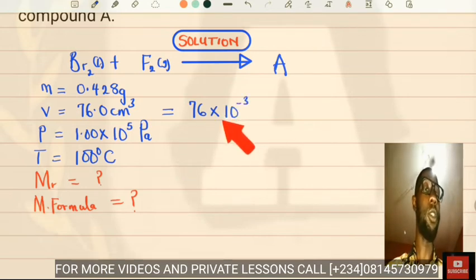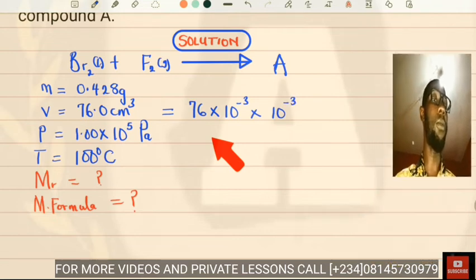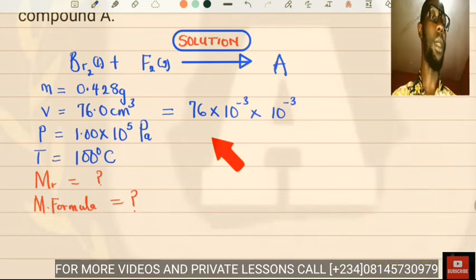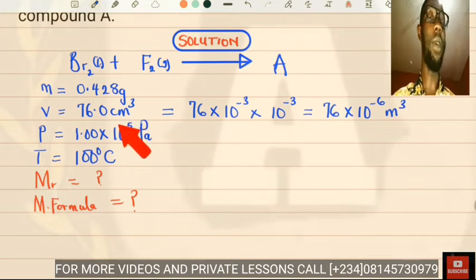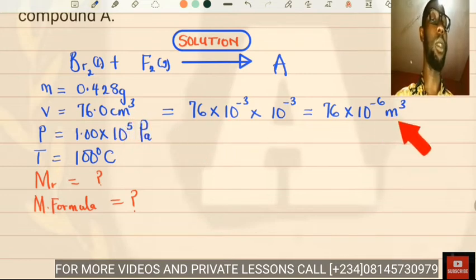This is in dm cube, and to convert it to meter cube, you have to multiply again by 10 raised to the power of -3, and the volume will eventually be 76 multiplied by 10 raised to the power of -6 meter cube. All right, so we have converted from centimeter cube to meter cube.